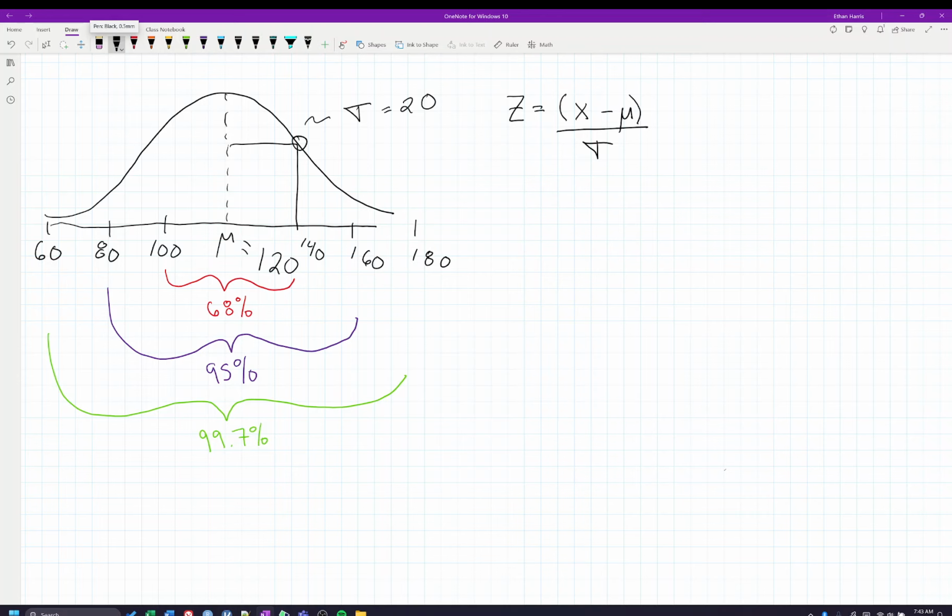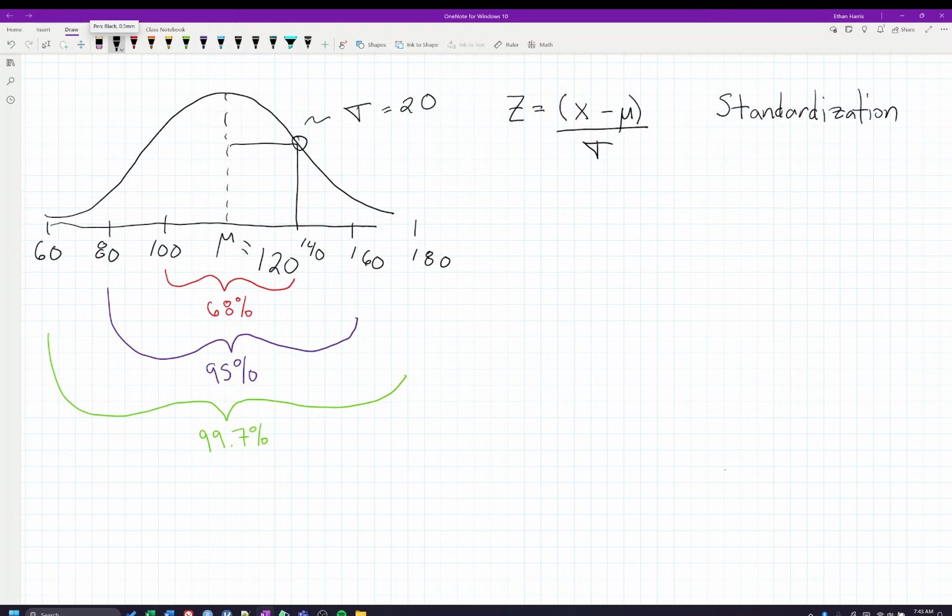And in fact, what we are really doing is taking our individual scenarios with the individual mean and the individual standard deviation, and we are converting it into this standardized normal distribution, or what we could also call a unit standard deviation.